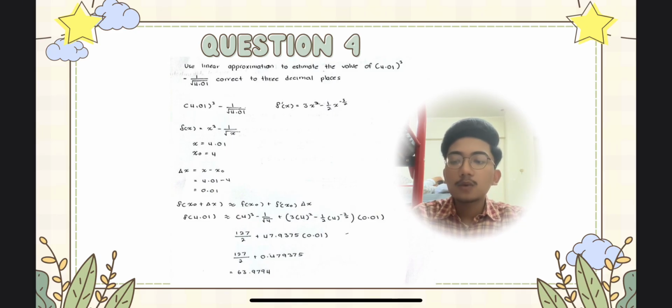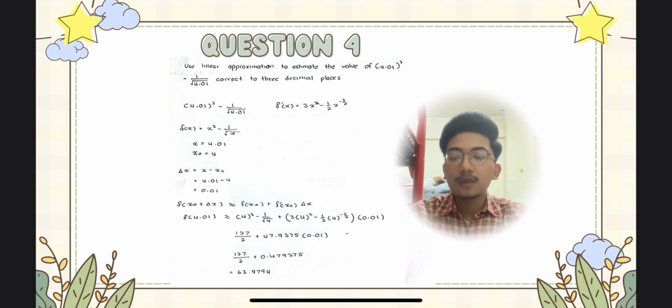Now we apply the approximation. f(4.01) is approximately equal to 127 divided by 2 plus 48.0625 times 0.01. This gives 63.5 plus 0.480625, which equals 63.9806.